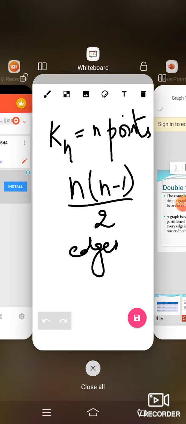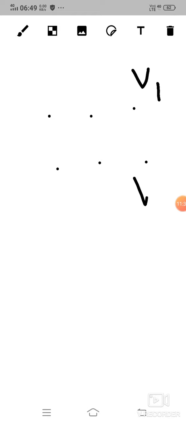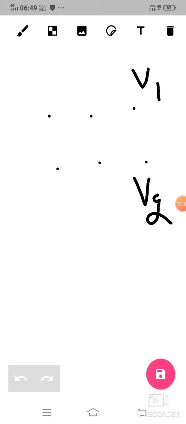Just now we saw complete graph, now we are going to see bipartite. So this is V1 and V2. I am dividing the whole vertex set into two sets V1 and V2, and every line joins a point of V1 to a point of V2. Let us name these A, B, C and here D, E, F.